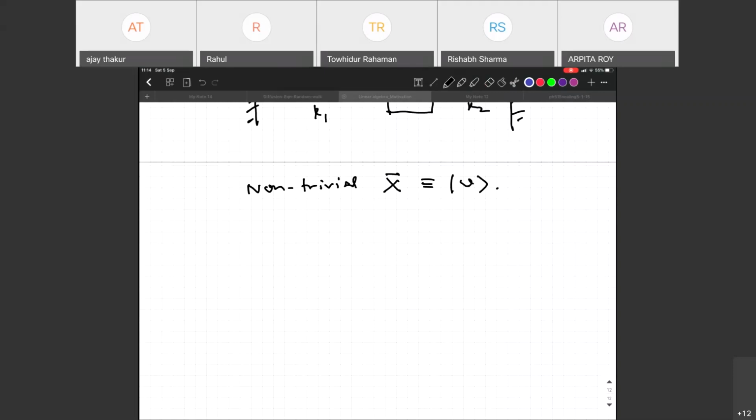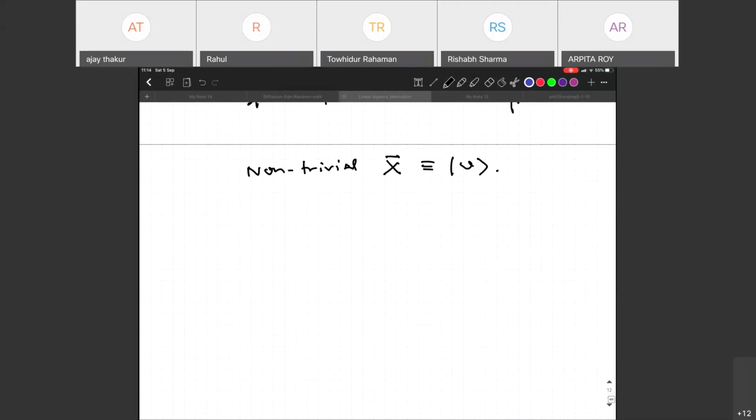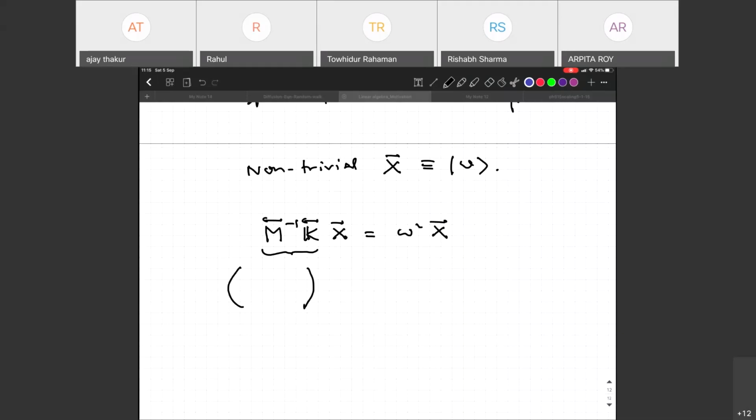So we had written M inverse k on x would lead to omega square of x. This is what was said, right? Where M inverse k in our case was a matrix, x was a vector, column vector.